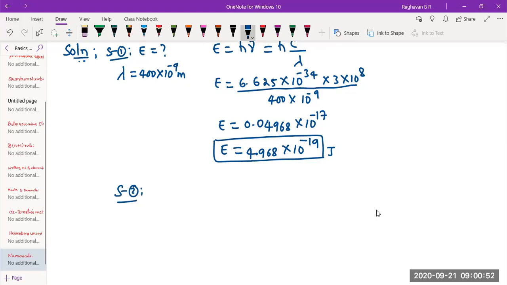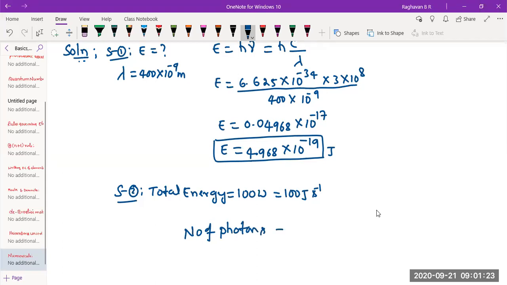Total energy is equal to 100 watt, nothing but 100 joules per second. Per unit time they are asking, just divide, that's all. Energy of one photon, so number of photons, or number of quantum, as per their notation, is equal to total energy divided by energy of one photon.